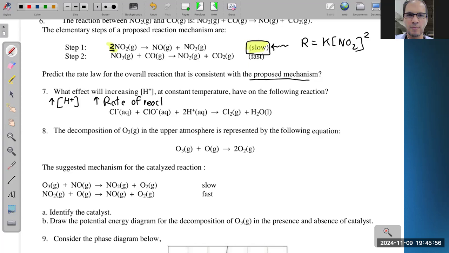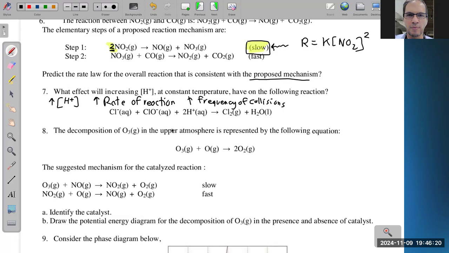Why does this happen? Simply because it increases the frequency of collisions. The higher the frequency of collisions, the higher the rate of the reaction. The same happens when you increase the temperature or the pressure, or if you add a catalyst, the rate of the reaction also increases.